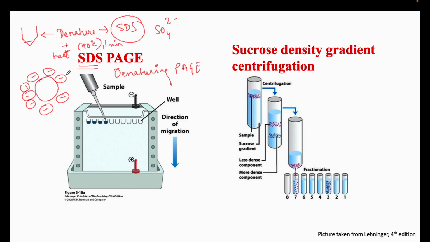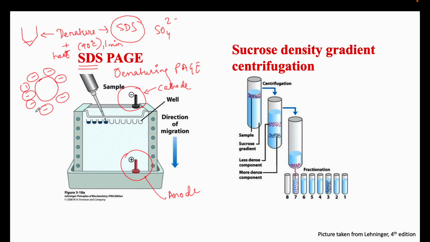So when we heat the protein in presence of sodium dodecyl sulfate, it will impart an even negative charge on the overall protein residues. And then when we load the protein, all the proteins will have a negative charge on them, right? Positively charged is anode and negatively charged is cathode.